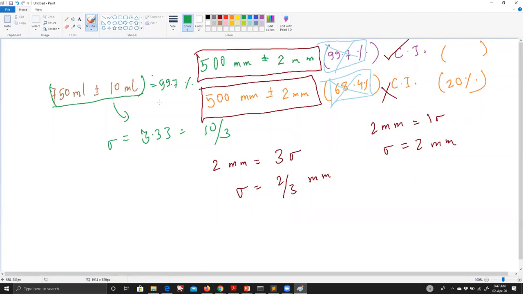We are going to go in that direction anyway. But just because they have mentioned 750 ml plus minus 10 ml, it is not complete information. You need something else, and that is called a confidence level or confidence interval to know how many samples or how many of the total population falls under this actual range.